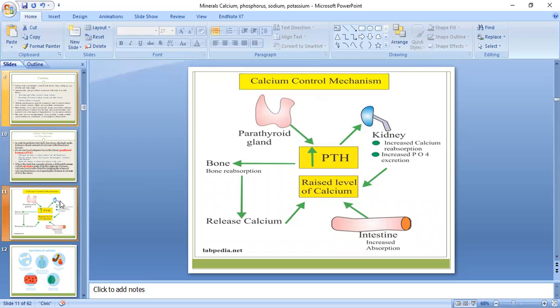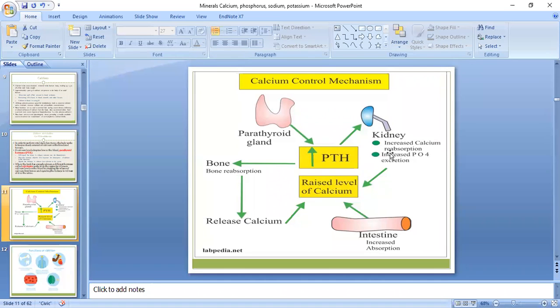This is the pictorial diagram of calcium metabolism. In the lower states of calcium, the body will increase its production of parathyroid hormone. The parathyroid hormone acts on kidney, intestine, and bone. On bone, it increases bone resorption and causes the release of calcium, which in turn raises the serum level of calcium.